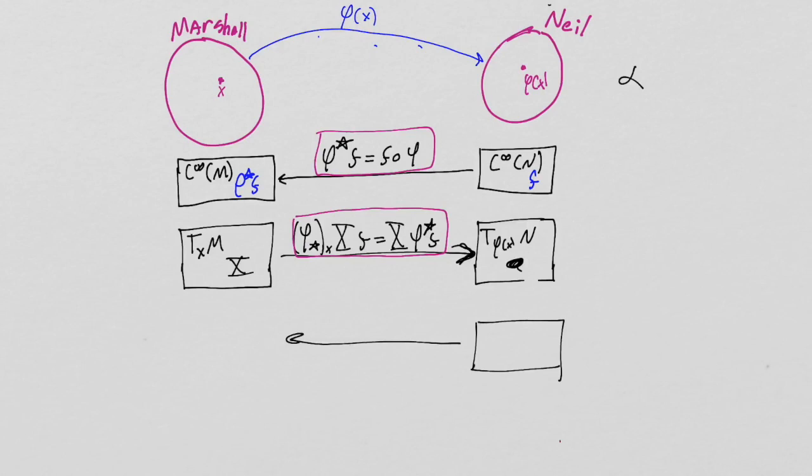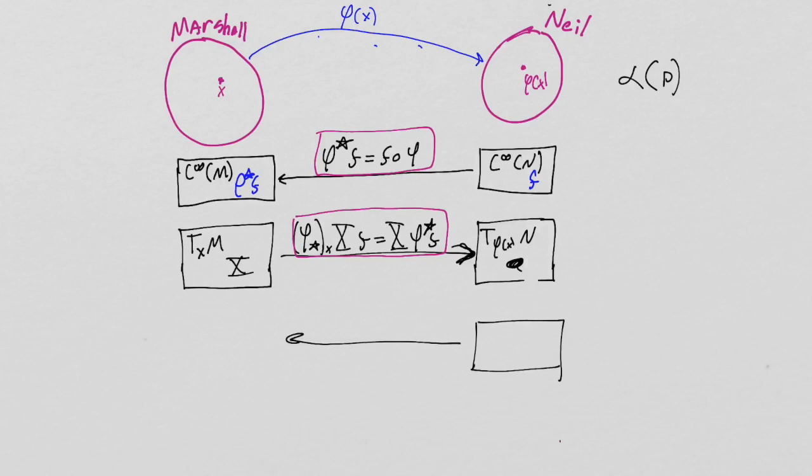So alpha is a covector field. So alpha takes a point in N. See, now I've gone to coordinates because I've got the V alpha there. So let me scratch that. It takes a point somewhere in N, say a point, I'll call it a point P in N.